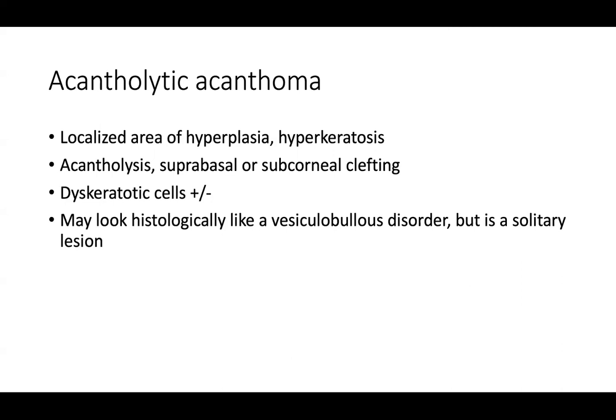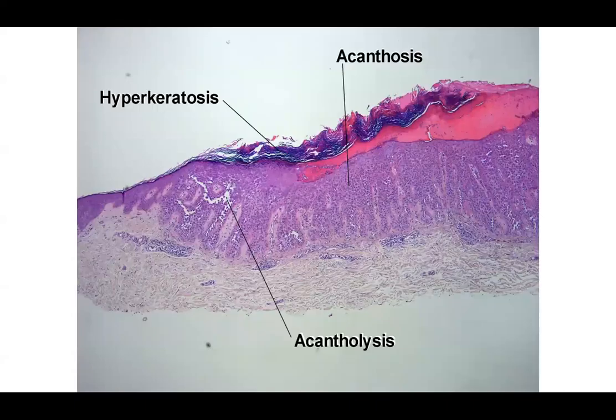So you see the pattern, but you can also think about pemphigus or other types of autoantibody-mediated bullous eruptions, which we cover in a different lecture. So think about the similarities and differences there. Here you see the hyperkeratosis, the acanthosis, and the acantholysis. Again, this is an acantholytic acanthoma.